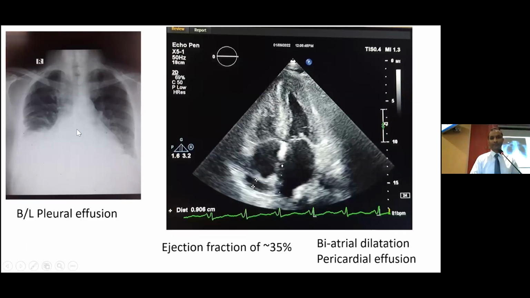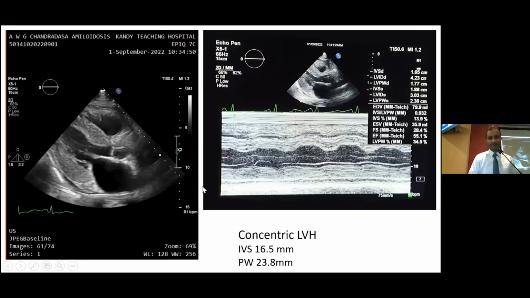There's a pleural effusion and a pericardial effusion, and biatrial dilatation with increased interventricular septal thickness. But this is not hypertrophic cardiomyopathy; the whole clinical picture favors an infiltrative cardiomyopathy rather than hypertrophic cardiomyopathy.